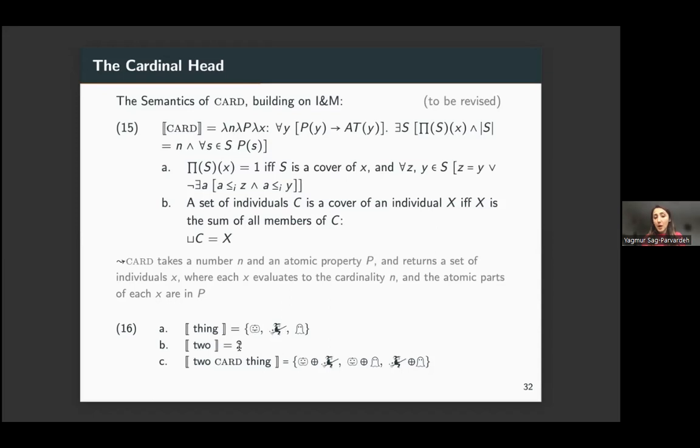Since our number is 2, it puts pluralities in this set, and these pluralities have two atoms as their parts. This is what the cardinal function does. It does the counting. You can consider this analogous to "2 kilo elma," where kilo does measurement. So card is doing it on the counting dimension.